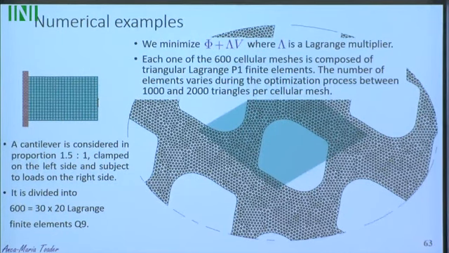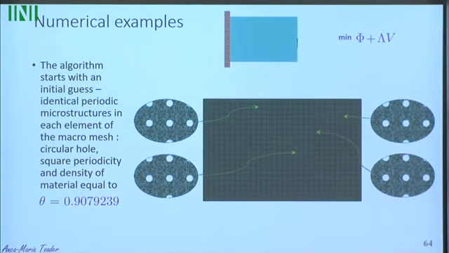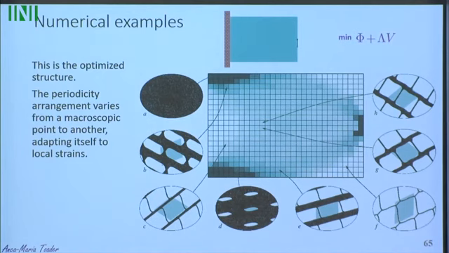Here we have 1,000 to 2,000 triangles in each one of these 600 Lagrange finite elements, and the base material is isotropic with these characteristics. And here is the initial guess: each finite element has this structure. Okay, and now this is what we obtain.